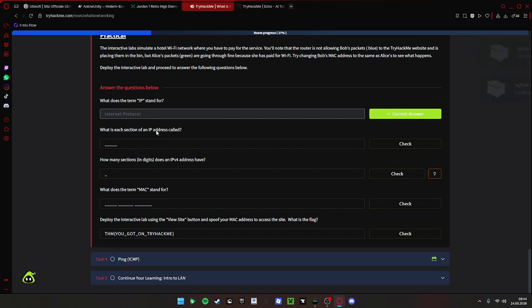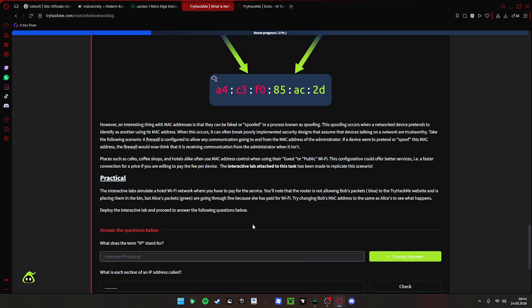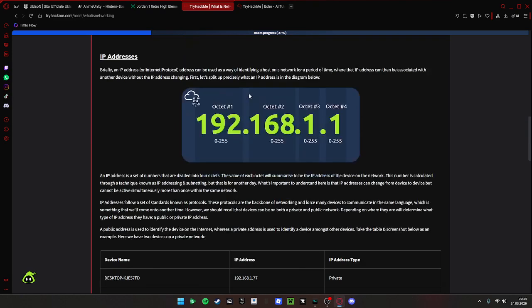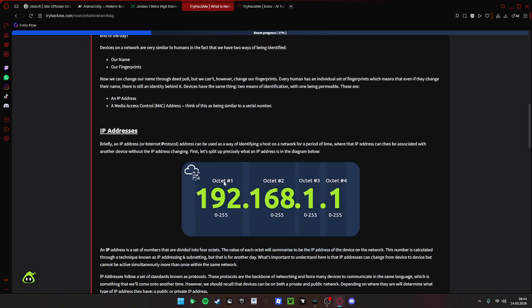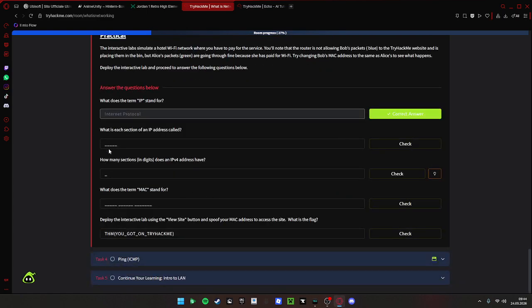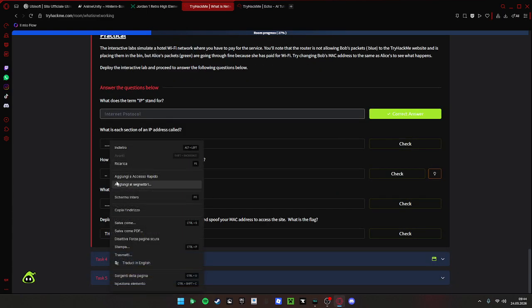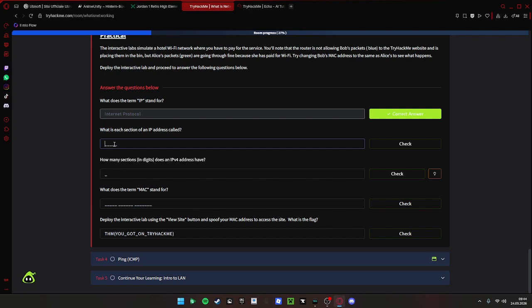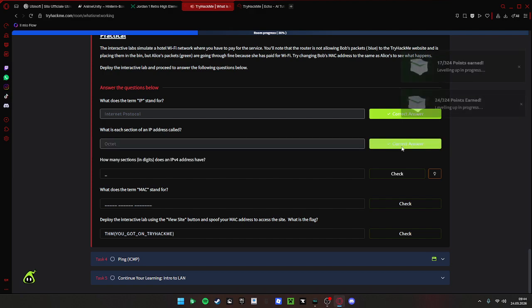What is each section of an IP address called? You don't remember, right? So we come here and it is octet. I'm going to copy it here. Control V, check.